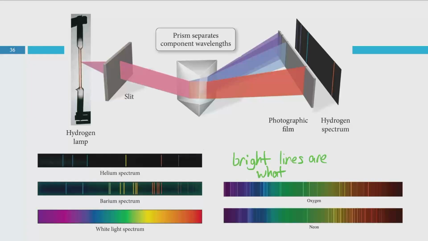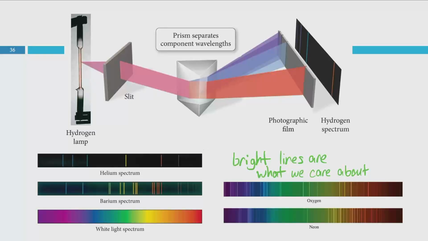So we're not too concerned about if there's a little bit of color in between them. It's really just those sharp lines that we care about. And the neon one down at the bottom is a little bit fuzzy, but you can see that there's a lot of different lines in there.